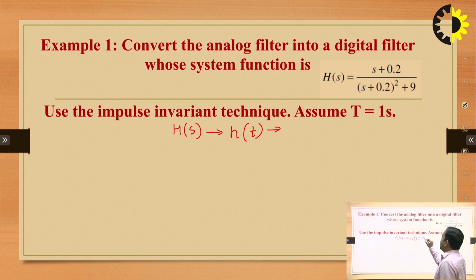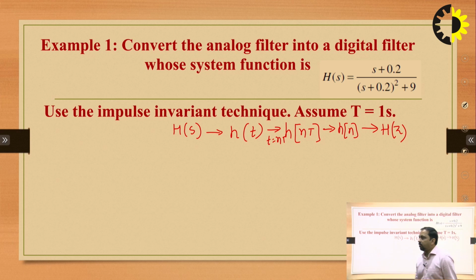After that, instead of t, I'll be putting t equal to nT, and I'll be having this, which is equivalent to h(n). And finally, by utilizing the Z transform, I can have the system function of the digital filter.